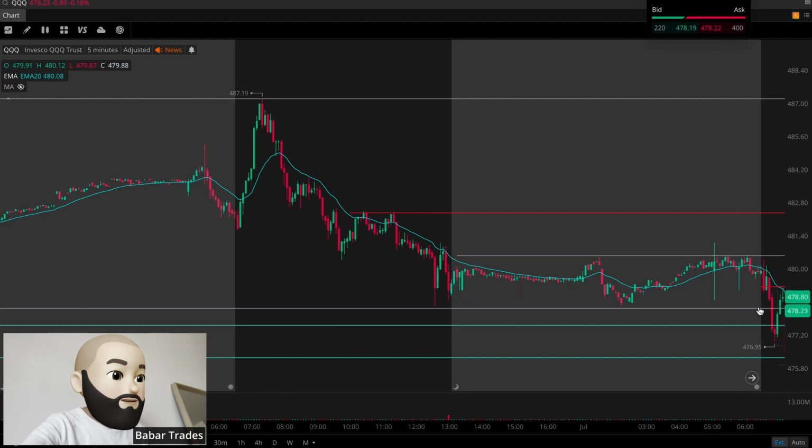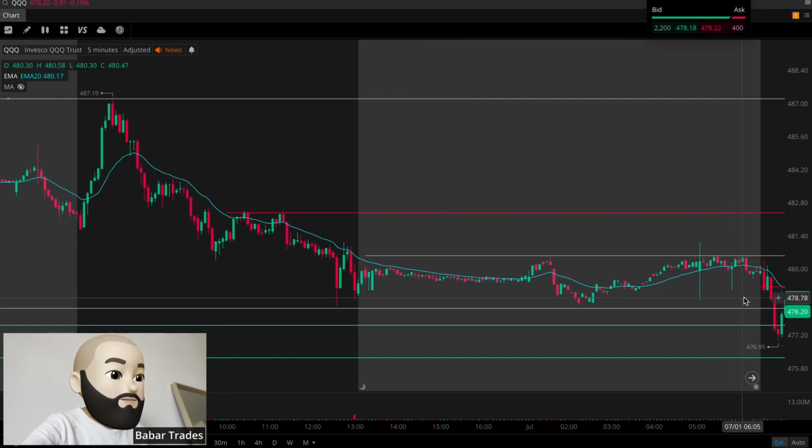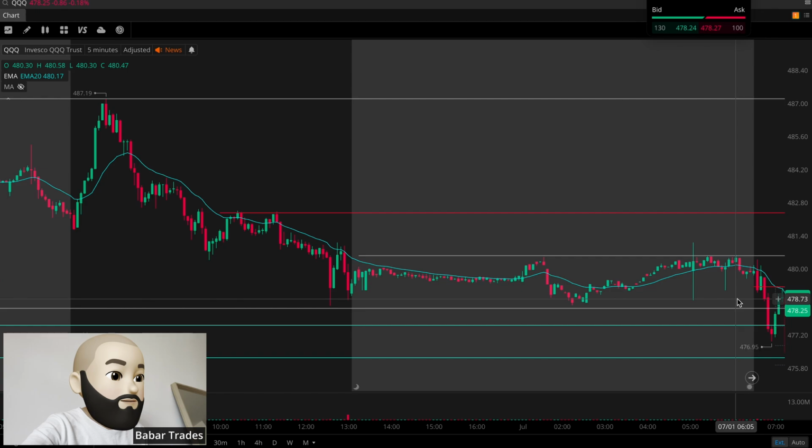And once I started seeing that, okay, this level here just below the red line where the moving average also meets, if I see some sort of bearish candle, that'll be my first confirmation that this trade is ready to go down for another continuation or a second leg. And the second confirmation would be that I wanted to break at least 478.50.